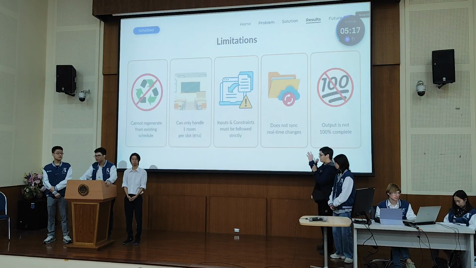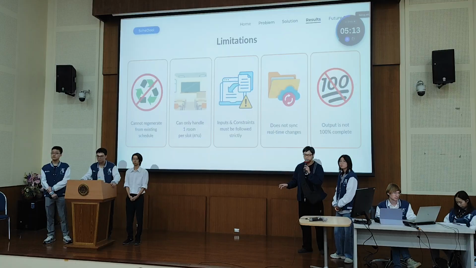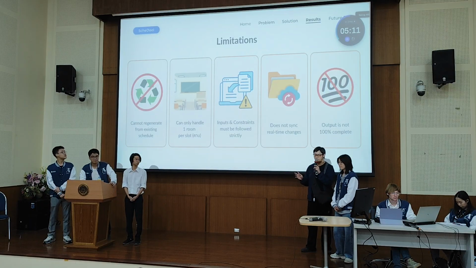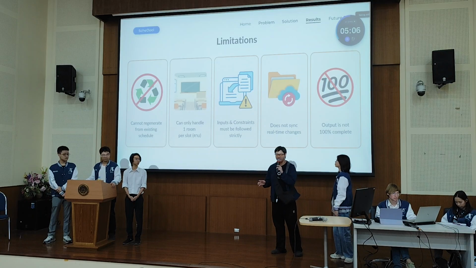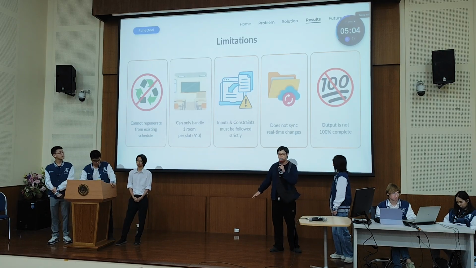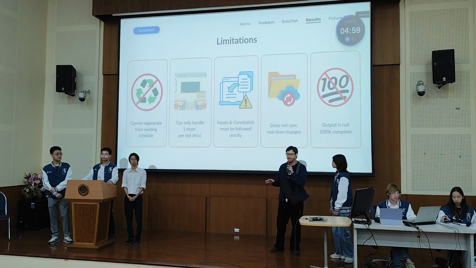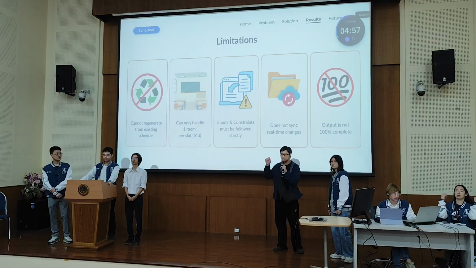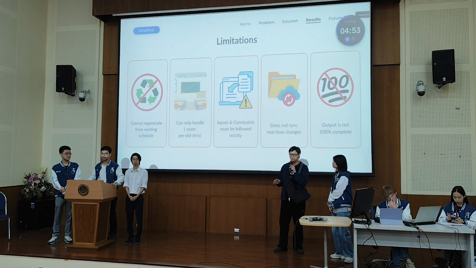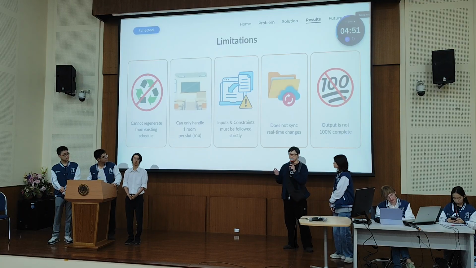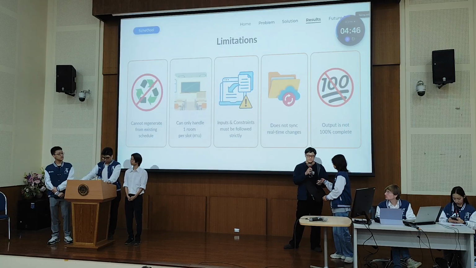It also doesn't sync in real time, and there's no autosave, so you need to click save every time you have done something. And the last thing, which is the most important, is that the output is not 100% complete. You need to check it with your own eyes. Even though it might give you the most perfect one, there might be something you don't want, and you can edit it later.